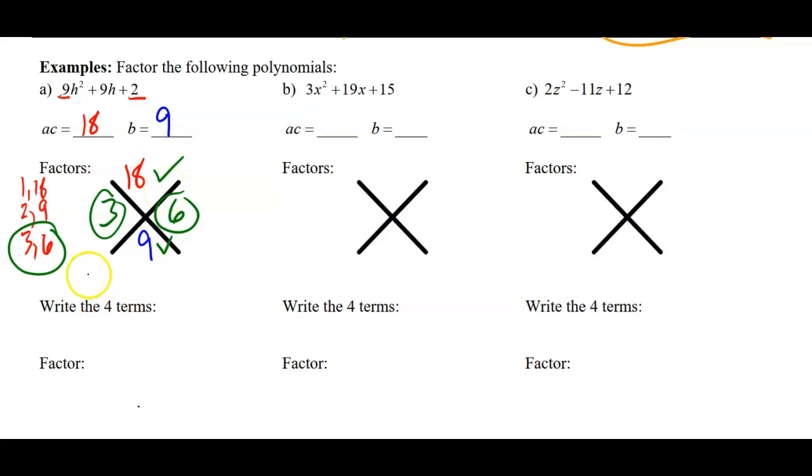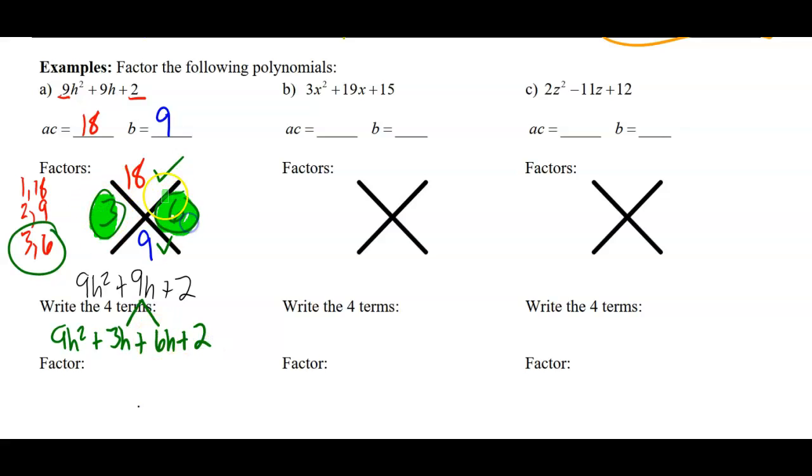So looking at my original set, 9h squared plus 9h plus 2, what am I doing? I'm splitting up the 9. So 9h squared plus 3h plus 6h plus 2. So these numbers here, I'm only finding them so that I can turn them into part of my equation.